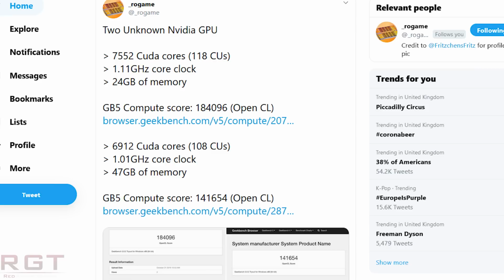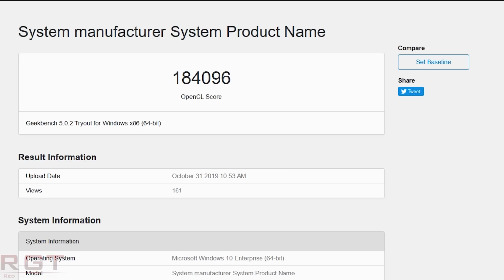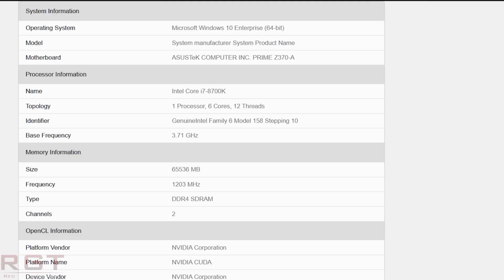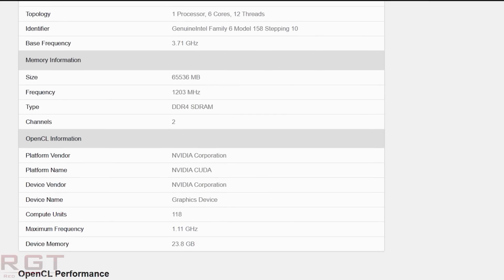Furthermore, we have another benchmark, and this particular benchmark is for 108 compute units, so 6,912 CUDA cores running at basically 1 GHz with 47 gigabytes of memory, which obviously 47 gigabytes of memory isn't quite correct. We'll get to that in just a second. But looking at the scores themselves, the first GPU, which has 7,552 CUDA cores, puts out 184,000 for its Geekbench 5 compute score, which is quite monstrous.